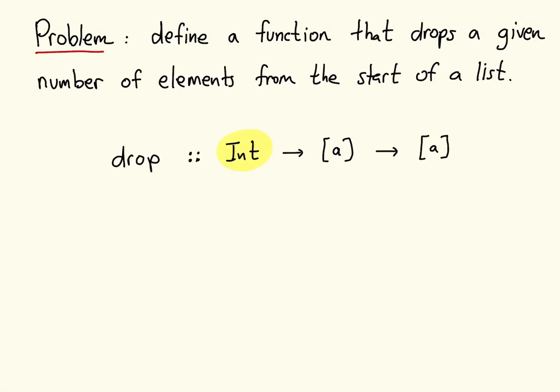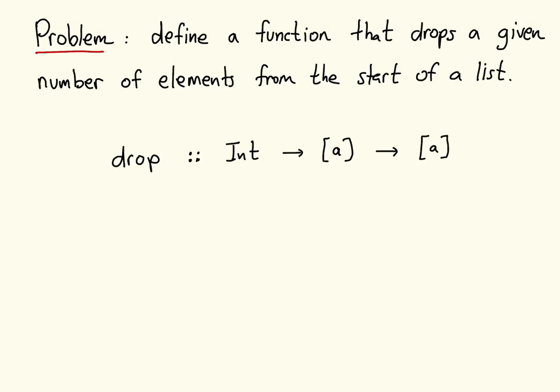We decided to take the number first and then the list rather than the other way around. And this is quite natural because you want to say something like drop 5 from a list. But again, there's 3 design decisions here, and it's important to be aware of those when you're writing down the type of functions.